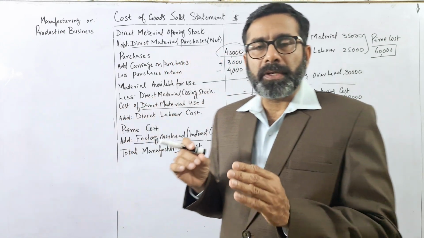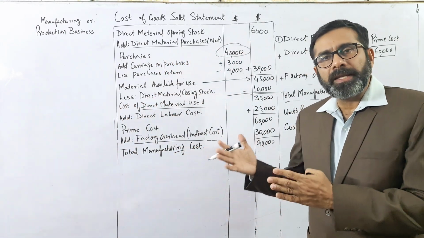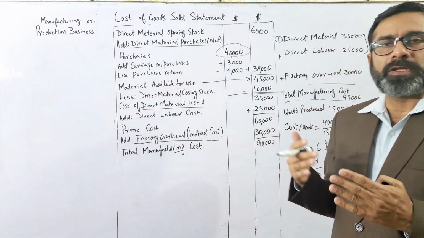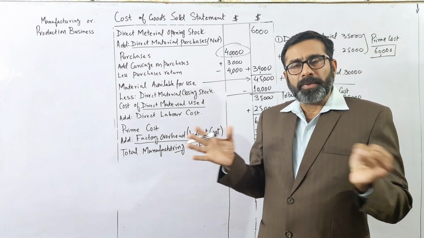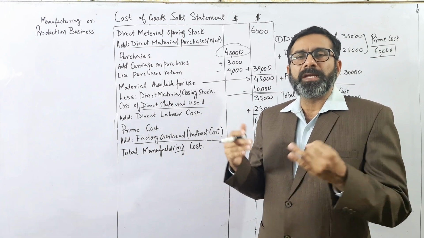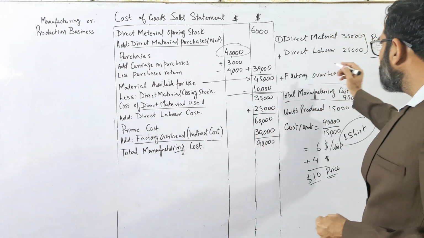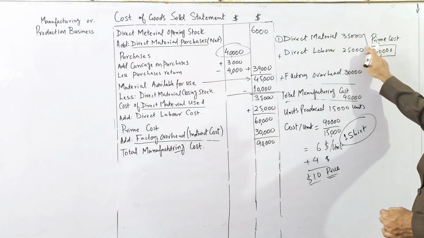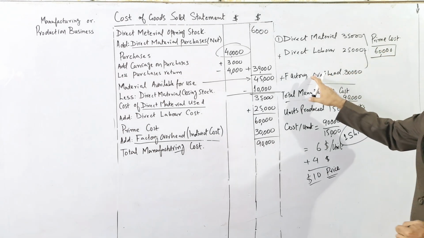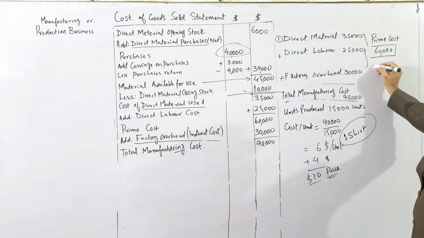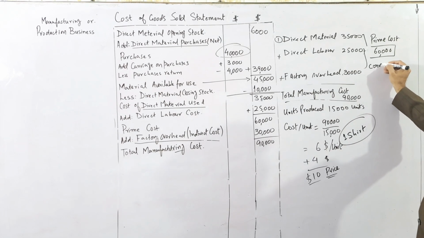To convert the material into the finished product, they need the labor and the factory or premises or any other location where they can work. So if we add these two costs, the cost of the labor and the cost of the factory, that is called the conversion cost.